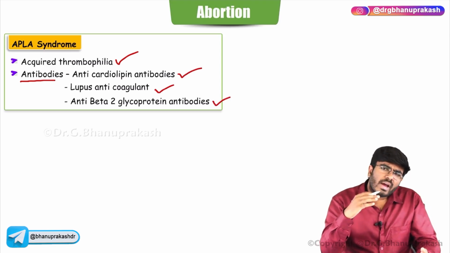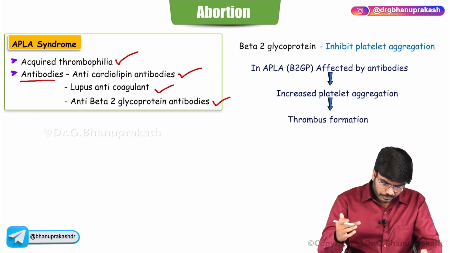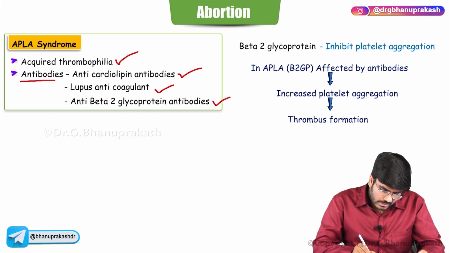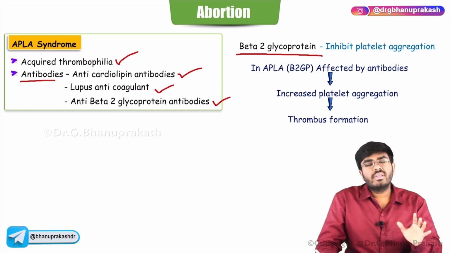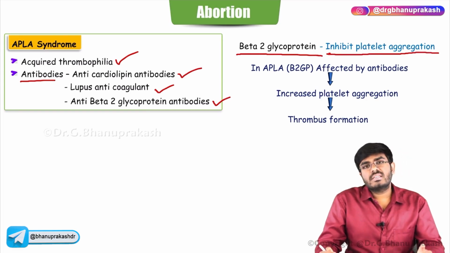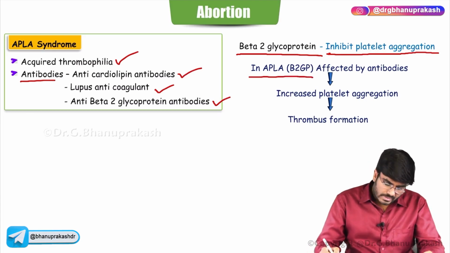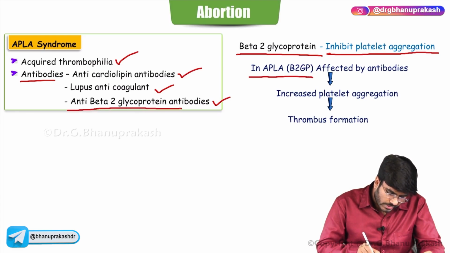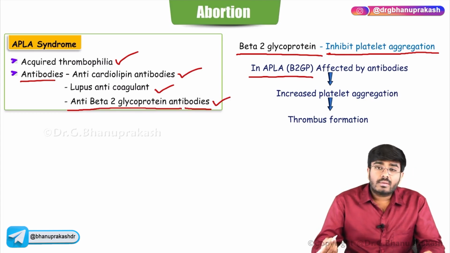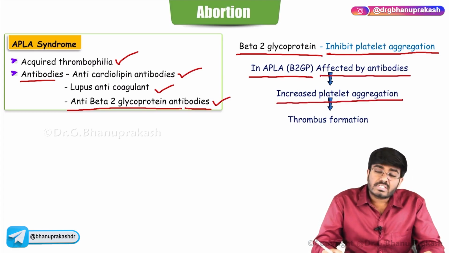Now we will see why there is formation of thrombus. First, let's discuss the pathophysiology. See, this protein beta-2 glycoprotein is a very good protein. It inhibits platelet aggregation. It doesn't allow the platelets to undergo aggregation. That's something good. In APLA syndrome, what exactly is happening? There is anti-beta-2 glycoprotein antibody production. If anti-beta-2 antibodies are getting produced, platelet aggregation will start to happen.